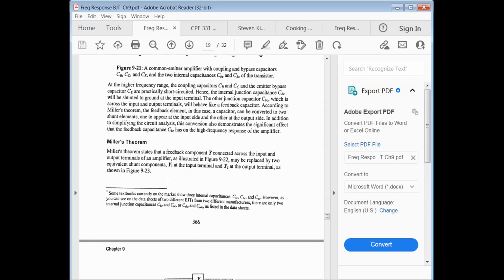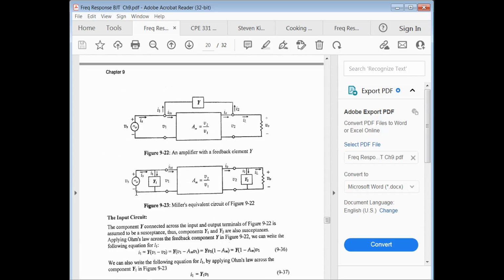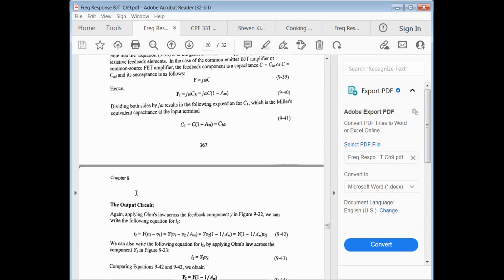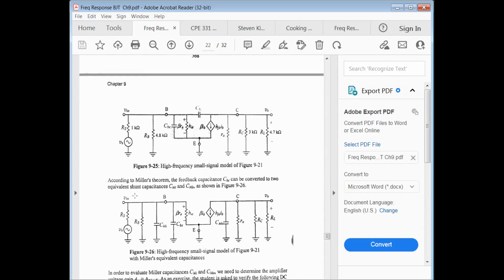So now we need to draw the small signal model. How we drew the small signal model of this transistor and all this stuff around it with these coupling capacitors and bypass capacitors. Well, we have two more capacitors to add to the small signal model. I will go straight to that first, and then I'll come back to this.